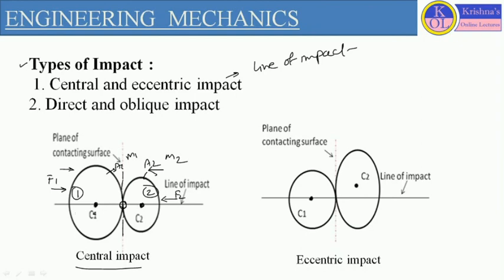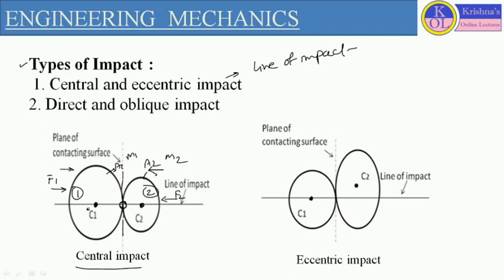Let us consider C1 and C2 as the mass centers of the two bodies. When two bodies are moving towards each other and striking each other, and there is a contact point for a very short interval, because of this contact the two bodies produce impulsive force.